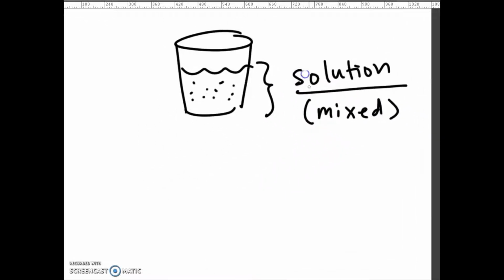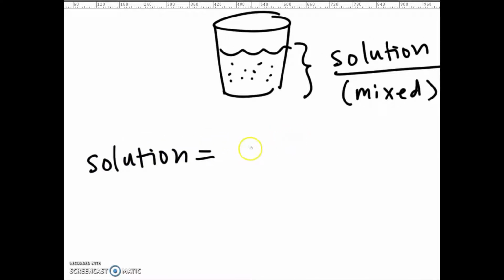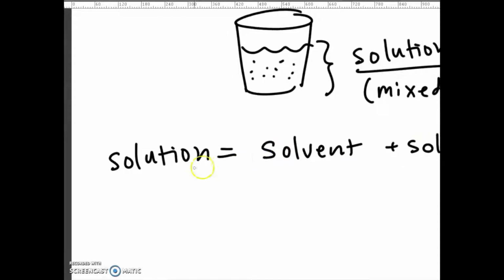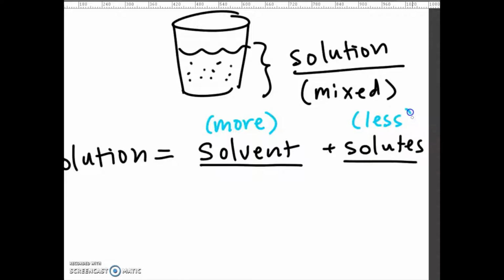So your solution is equal to the solvent plus your solute. Basically, the things that you put together are going to be called solution. So what's the difference between solvent and solute? The solvent is the thing that you have more of, and solute are the things you have less of.